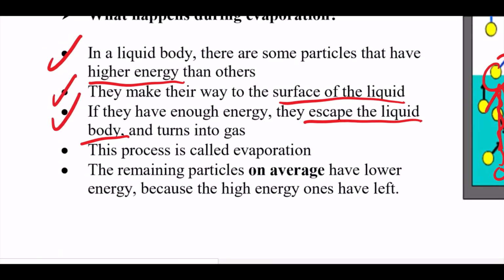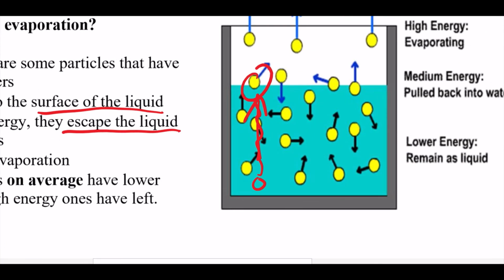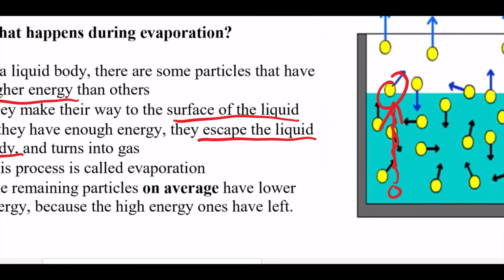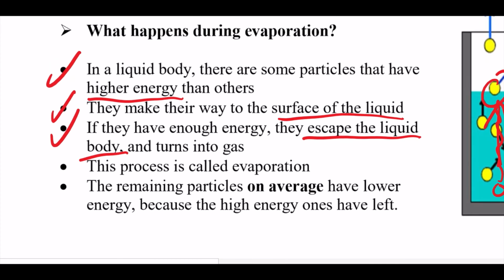Remember that there are intermolecular forces of attraction. In order to escape the rest of the particles, you must have enough energy to overcome the intermolecular forces of attraction. So these particles who are so-called richer, they have more money. No, I mean more energy. They can escape off the water body, unlike the others. This process is called evaporation.